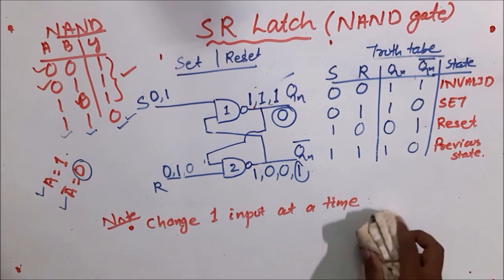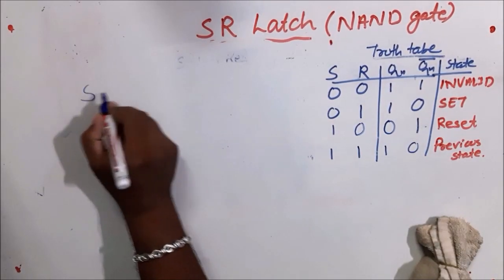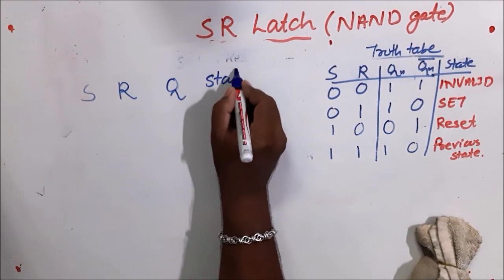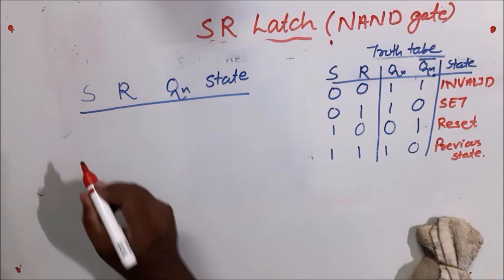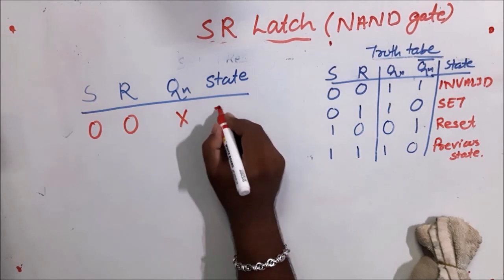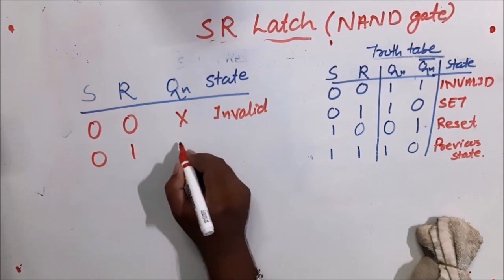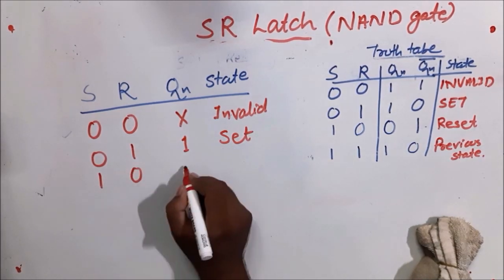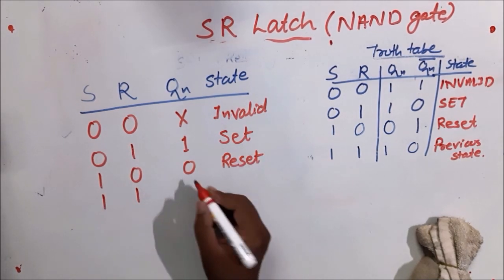Okay, fine. So from this table, if I want to clearly write the truth table, S, R, Q and state, or Qn, the state, we can write like this: 0, 0 is invalid, 0, 1 is 1, that means set, 1, 0 is 0, that is reset, and 1, 1 is the same state.